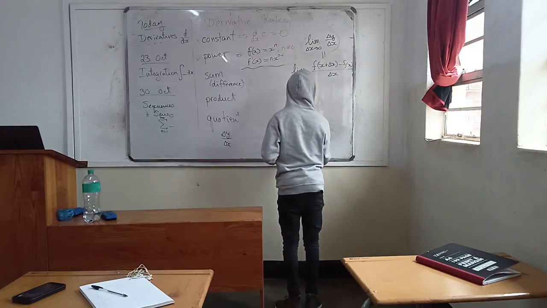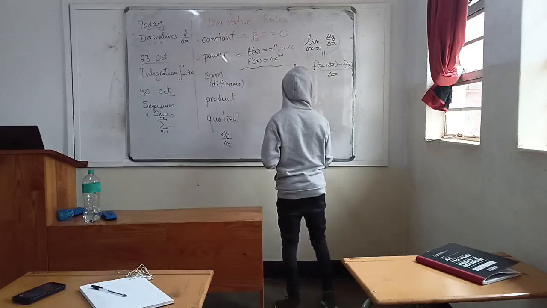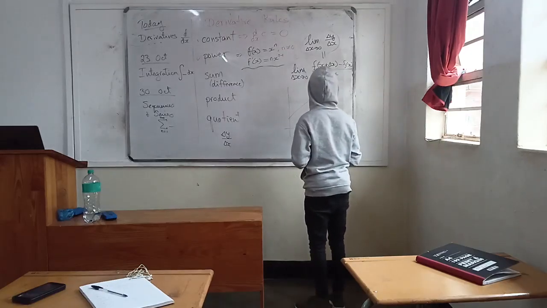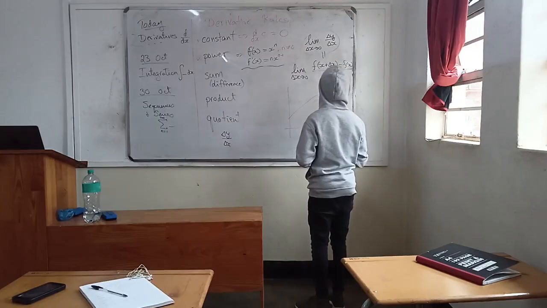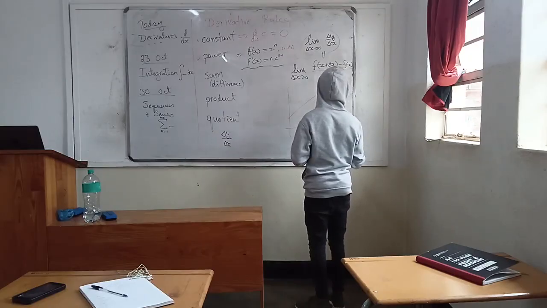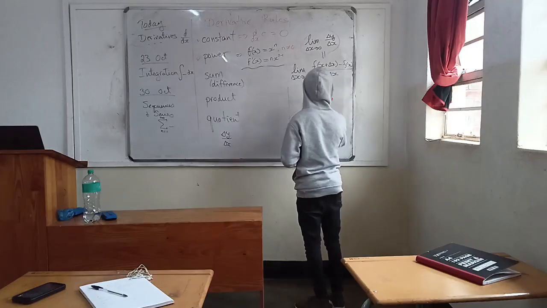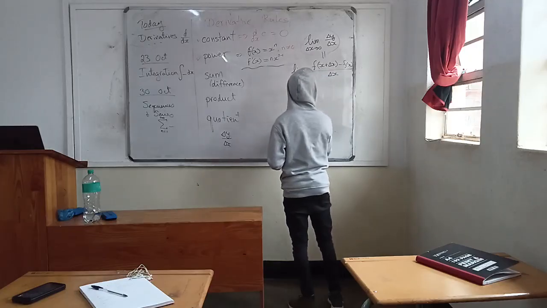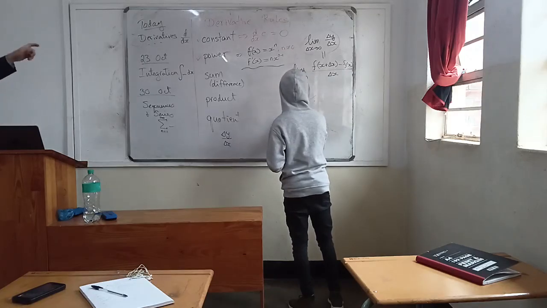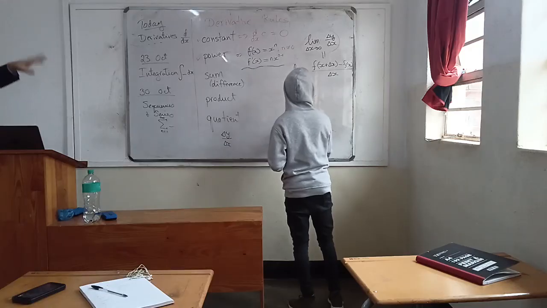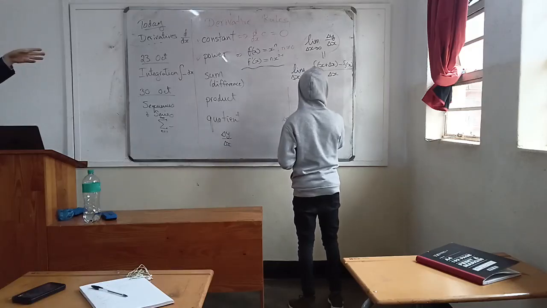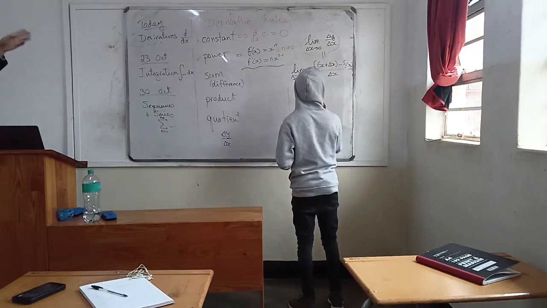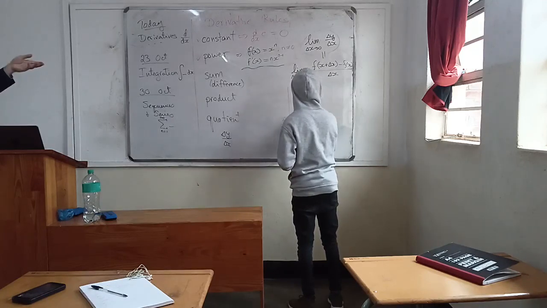So really what we want to show is that delta y is the same as f of x plus delta x minus f of x. If we show the two numerators are the same, then the whole thing is the same, because the limit and the denominator are the same.